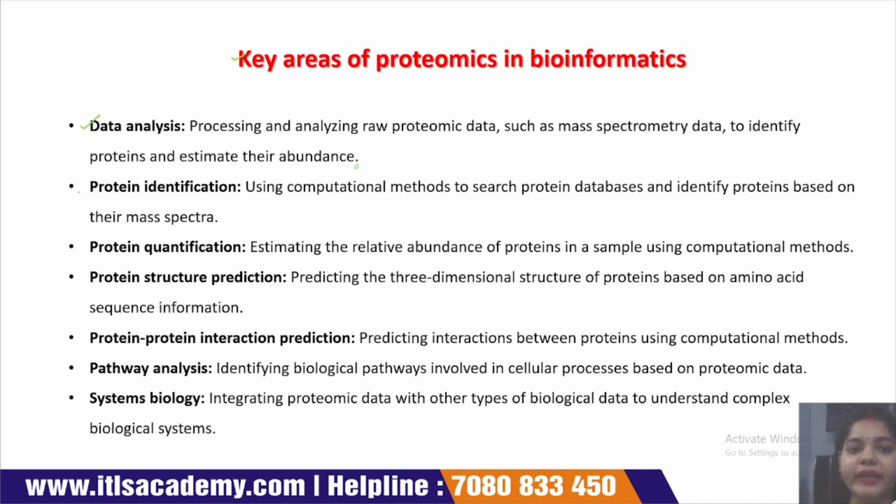Next, protein identification: using computational methods to search the protein database to identify the proteins based on their mass spectra. For data analysis, we use bioinformatics tools and algorithms. For protein identification, we also use computational tools or methods.